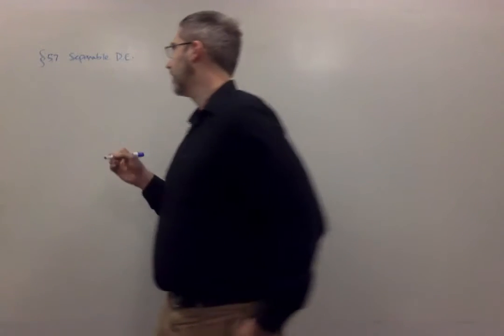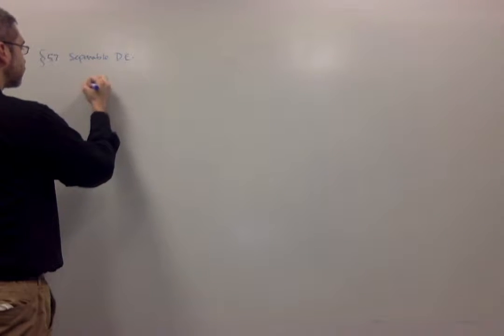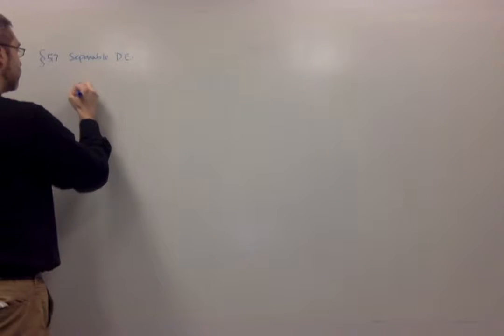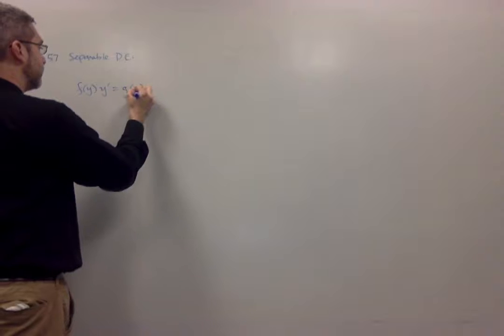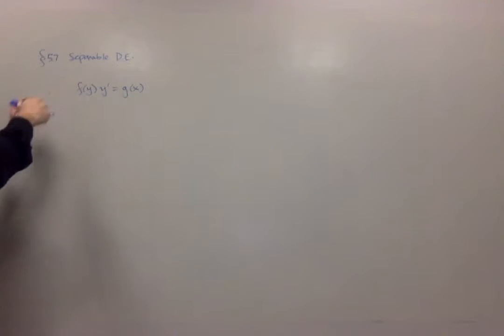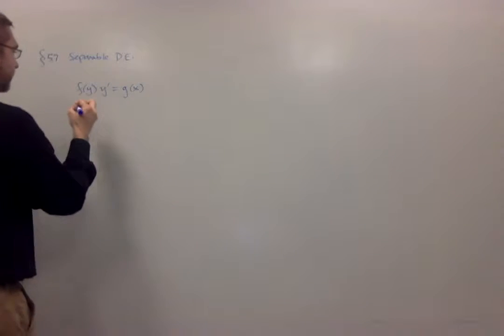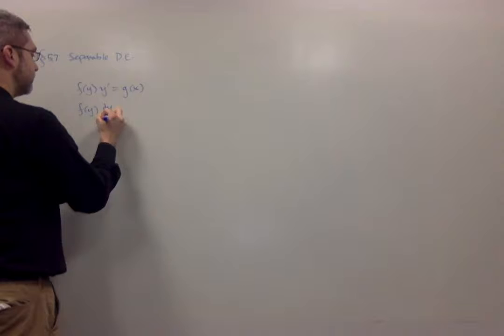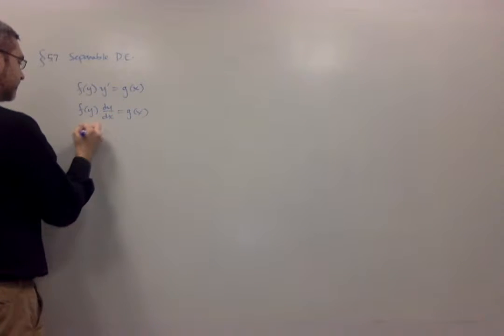So we saw, if you have a separable differential equation, what that means is you can write it in the form some function of y times y prime equals some function of x. So you can manipulate the equation until you can get it in this form. And then the technique that we used, we wrote y prime using that Leibniz notation. Then we put the dx on the other side.